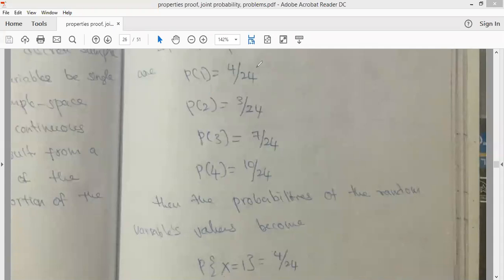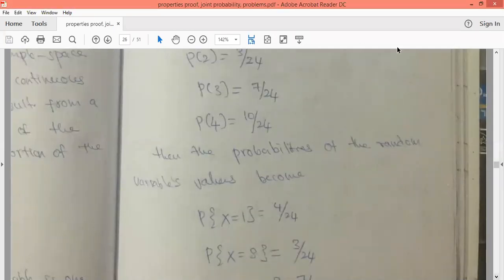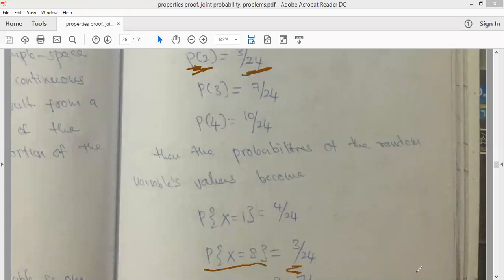Similarly, what is 2? 2 is mapped to 8, no? So probability of 2 will be equal to the probability of random variable equal to 8. These two are the same. Here 3 by 24, here also 3 by 24.